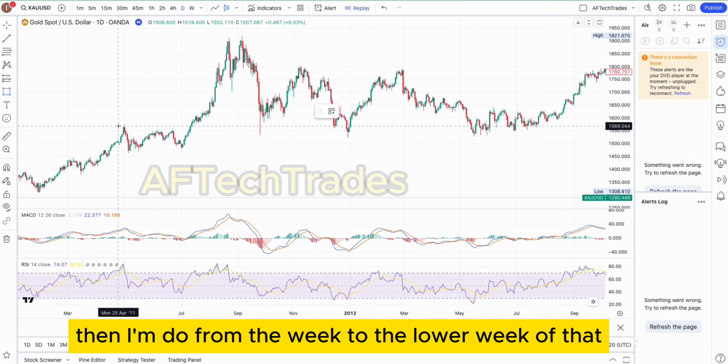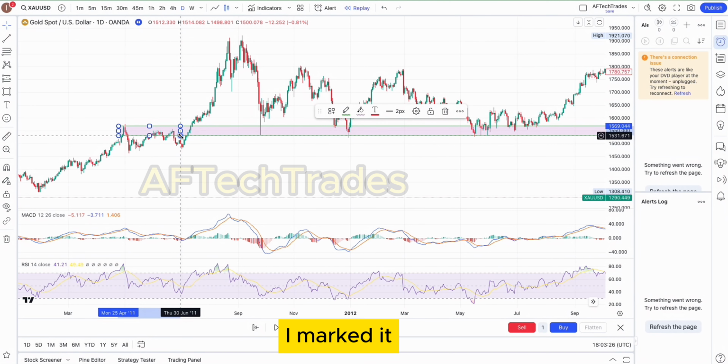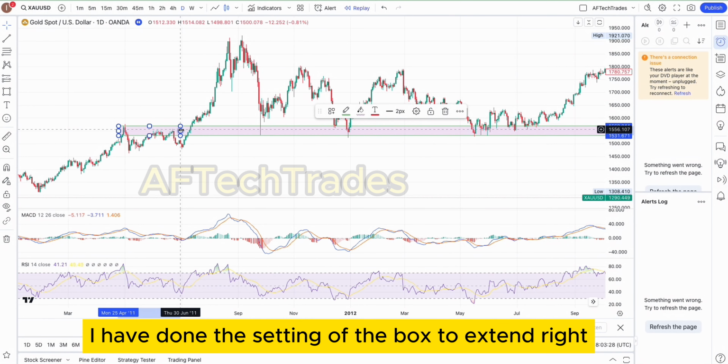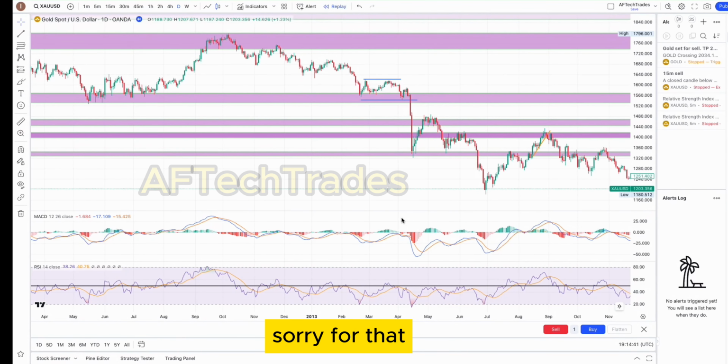Then from the wick to the lower wick of that, I marked it. I have done the setting of the box to extend right. I did this for a reason, so that we can use it to mark our important regions. Sorry for that short break.